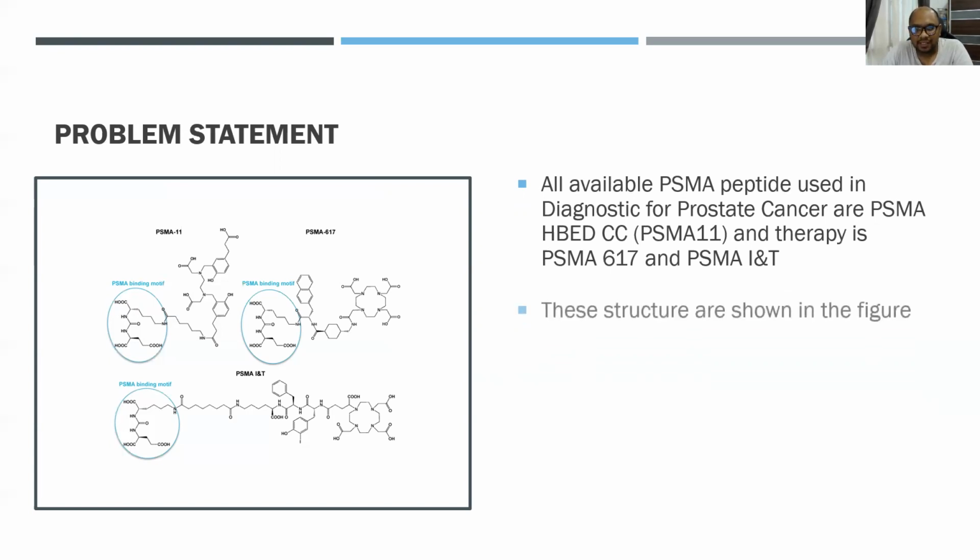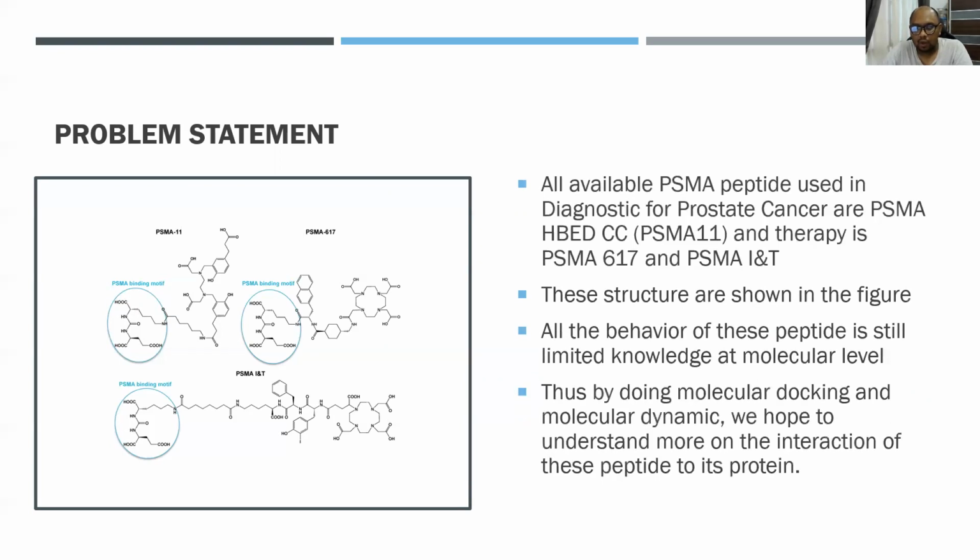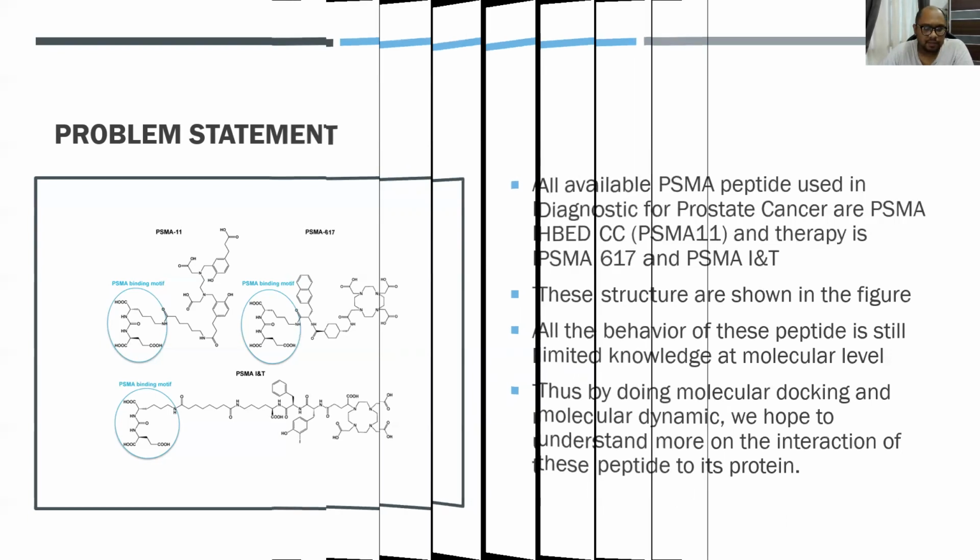Therefore, by studying the molecular dynamics of the peptide receptor, we would have much more understanding of the peptide, and should we have more understanding, we can develop a much better compound than these developed radiopharmaceutical peptides.